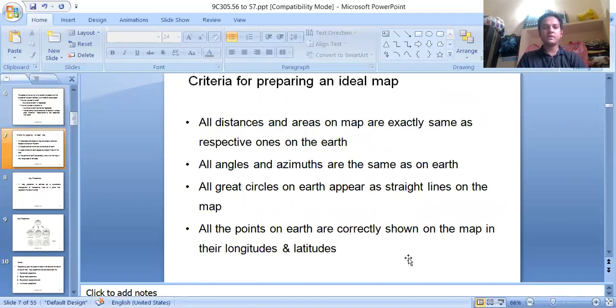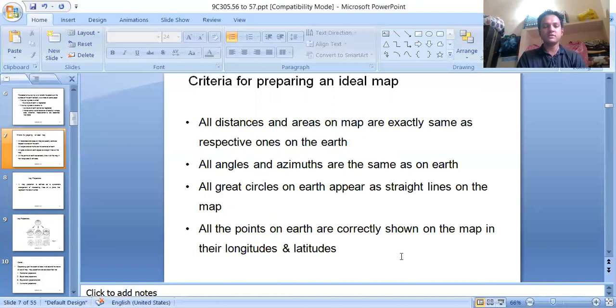Criteria for preparing an ideal map. So what are the criteria we will undertake? All distances and areas on the map are exactly the same as the respective ones on the earth. This is the first point. So if we compare the area on the map and the actual area, there should not be any difference.